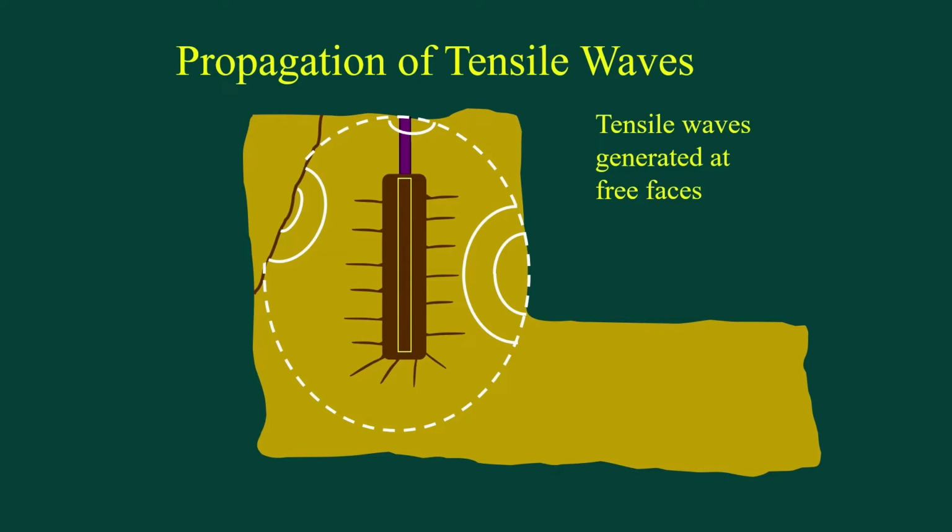Now, breakage in tension requires a lot less energy than breakage in compression. So these tensile waves here are what we really are looking for to give us efficient breakage, and tensile waves are formed at any free face that the compressive wave meets. So free faces are very, very valuable.